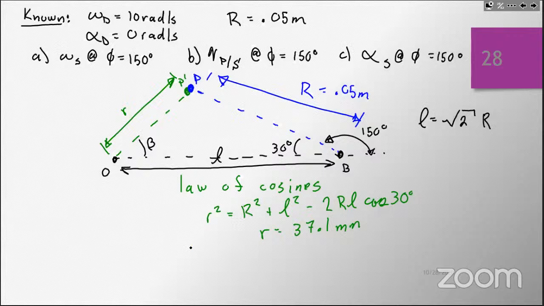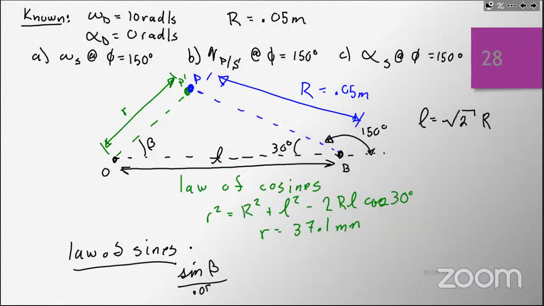But we want to know this angle beta. So how do we find beta? We're going to use the law of sines. Sine of beta over 0.05 is equal to sine of 30 over 0.0371. We can solve that, and beta is 42.4 degrees.